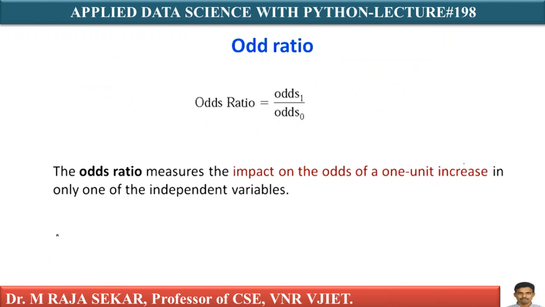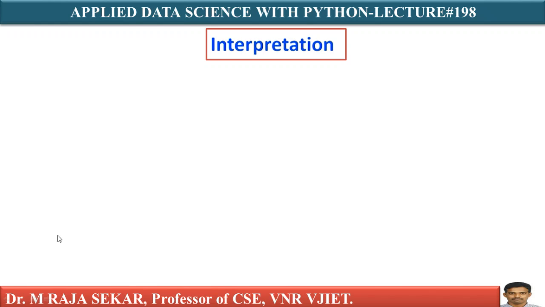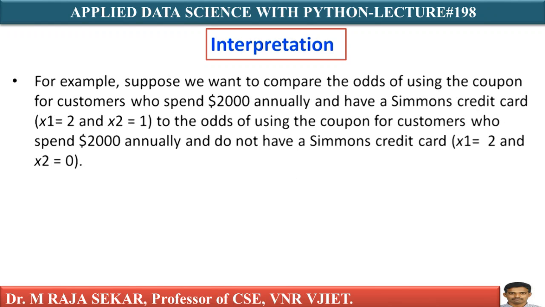We will try to understand this particular interpretation. This odds ratio will help us interpret the logistic regression equation: if the independent variable is increased by 1 unit, what is the effect of that on the dependent variable?